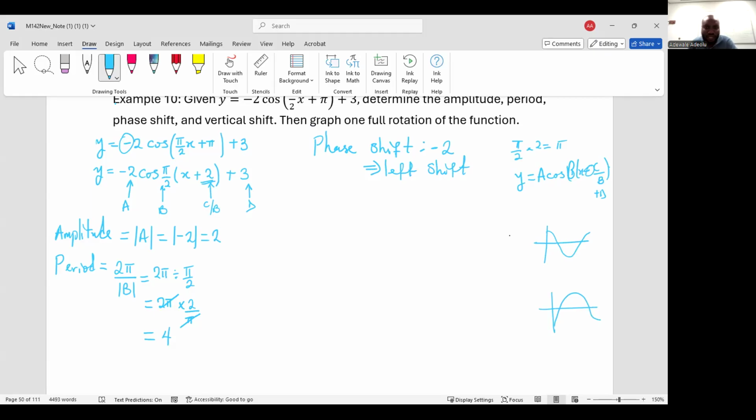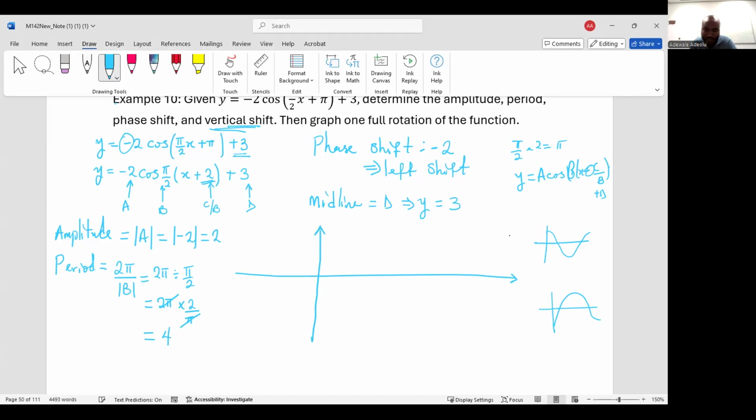Does that make sense? Okay. Lastly, midline. Midline is D, which implies that y equals 3. That is shifted vertically upward, so that is what we mean here by vertical shift upward. Now, let us draw our graph. Maybe we will be able to do that.